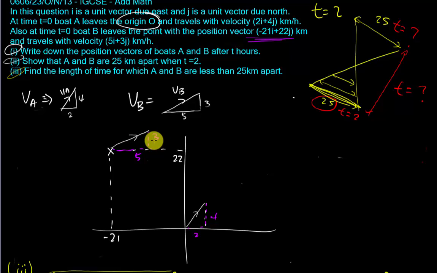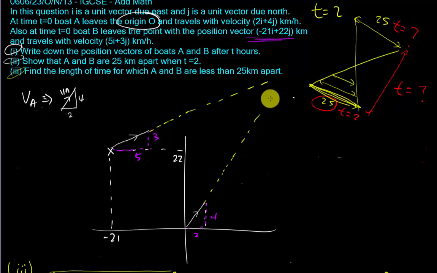Because both A and B are moving like this, at the end they're going to meet somewhere. Obviously at the beginning their distance should be more than 25. The particles continue moving until a certain point where they will intersect. So that's why they form something like this.